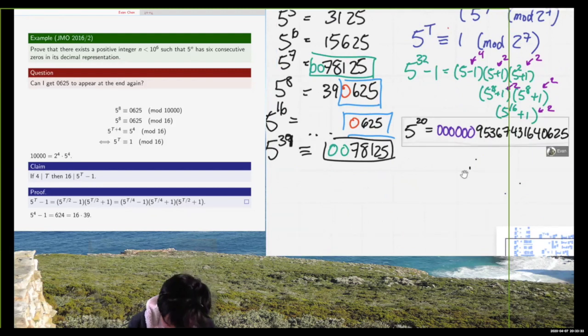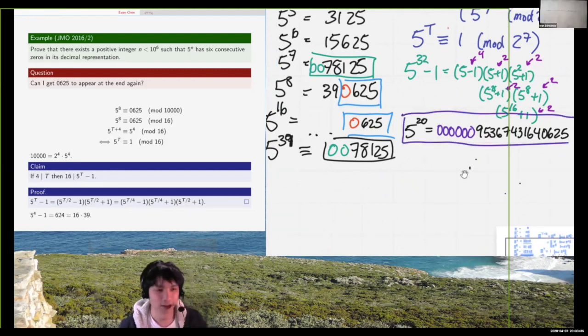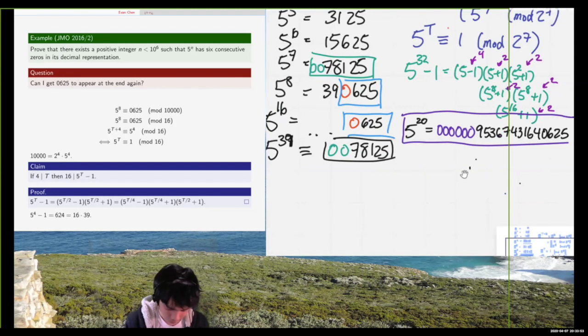And wait, Evan, so 6 zeros, you mean you have 20 digits and the first 6 are zeros? Yeah, so the point is this monstrosity with the 9s is a 14-digit number. And in fact, you might notice that it's a pretty close call. Why is it a pretty close call? Because if I did this with a general n, I'm looking at the ratio of 5 to the n over 10 to the n, which is 1 over 2 to the n.